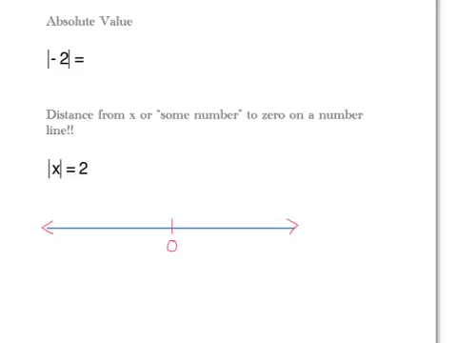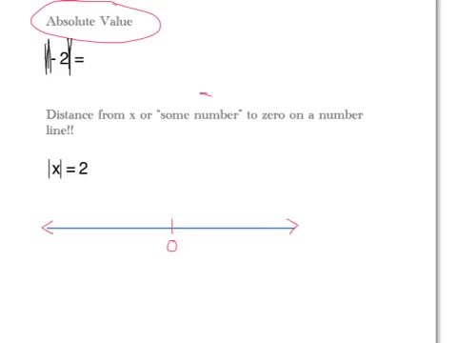Absolute value. Last thing we need to talk about today, and I know you guys spent a lot of time last year working with absolute value. Anytime you see absolute value symbols, these bars, you know that whatever's inside of it becomes positive. We take those absolute value bars and we make whatever's inside of it positive.